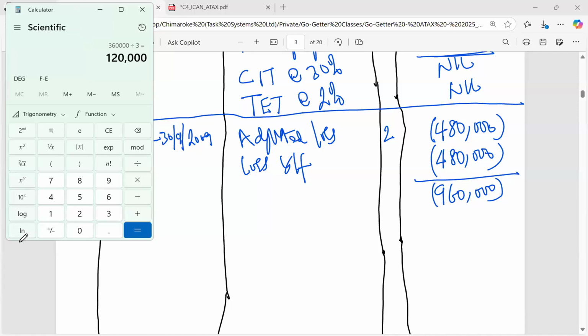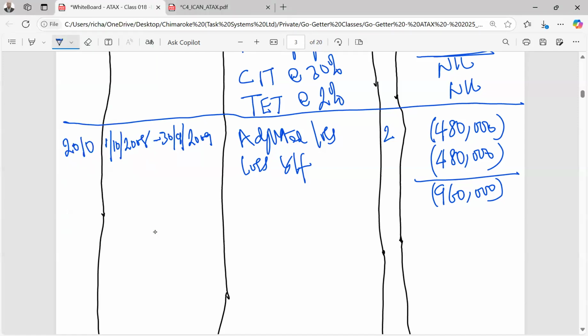So it means that this 480 contains October to September. Out of this 480, 360 of it is inside here, which is from October to June.